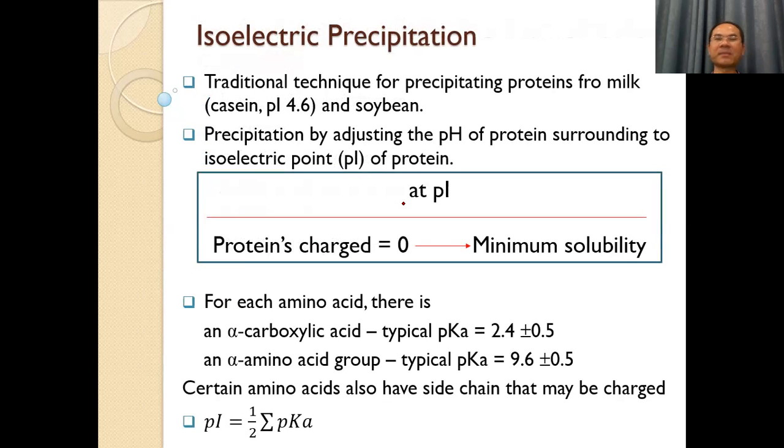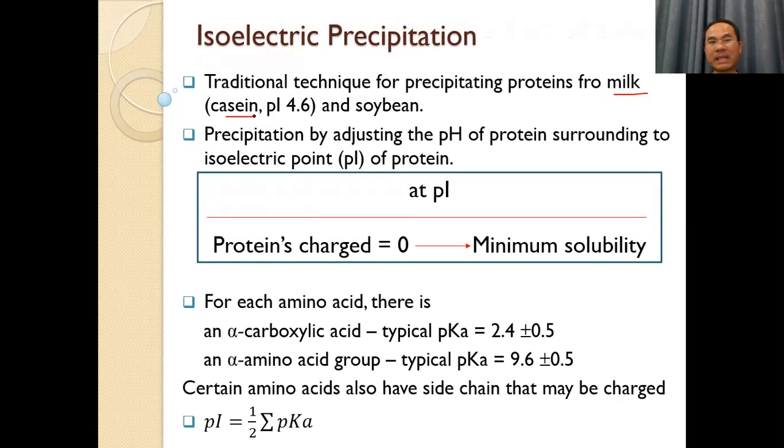Isoelectric precipitation means we precipitate at the isoelectric point. The isoelectric point is the pH at which protein solubility is minimum. At this pH we call it pI. For example, we would like to precipitate milk protein like casein at pI 4.6.